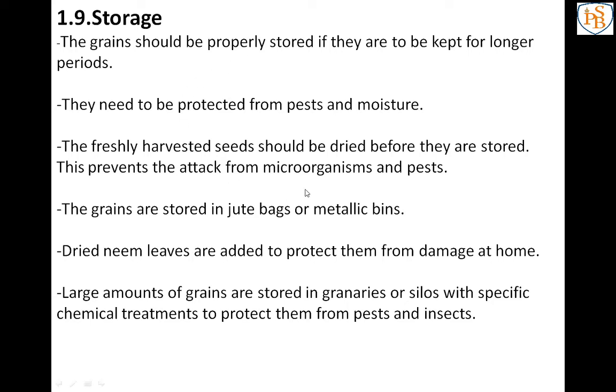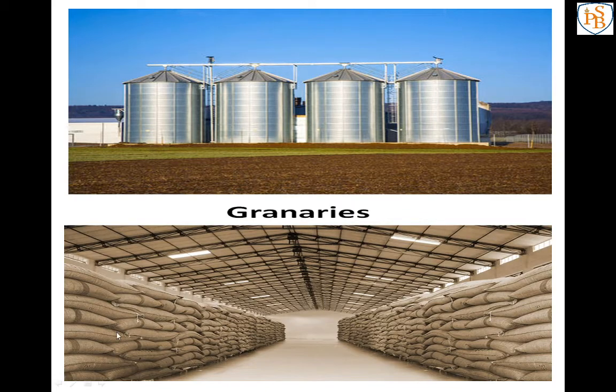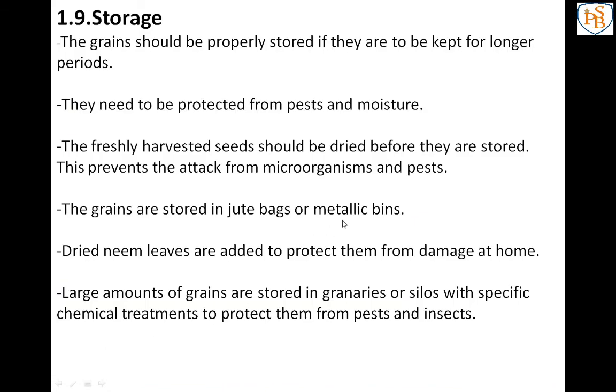So from these things we have to protect our grains, and for that what we can do is store the grains in jute bags or metallic bins. Jute bags means like this, or the metallic bins.